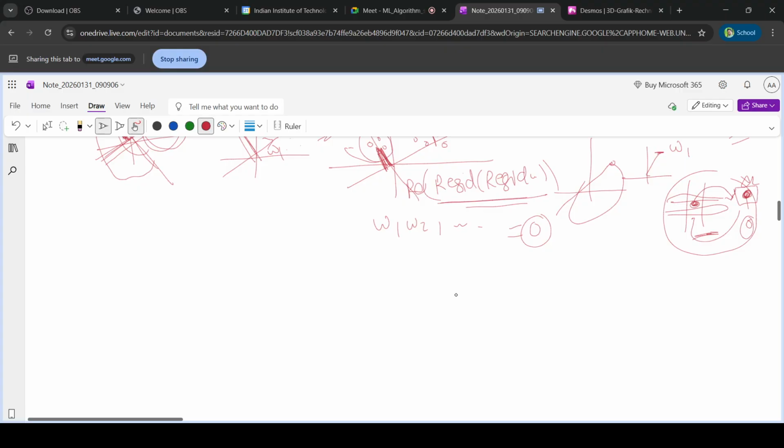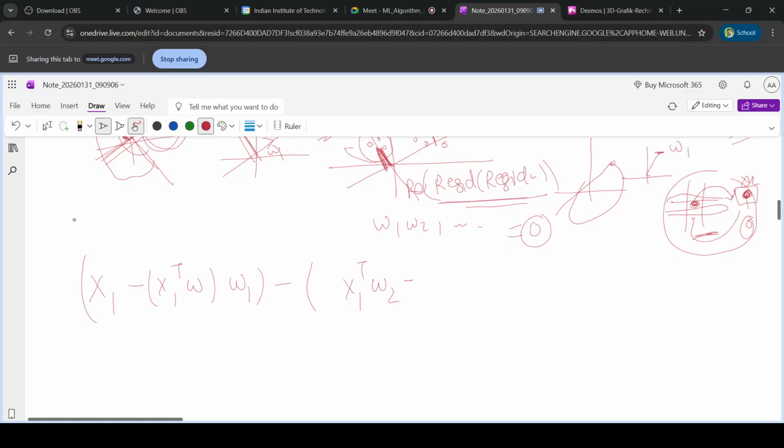So you get x1 minus x1 transpose W1 into W1, and then x1 transpose W2, because now this is another next point.